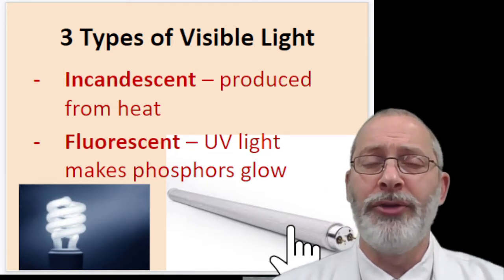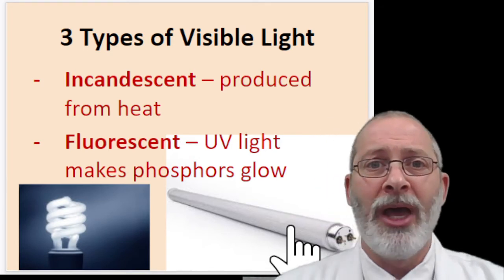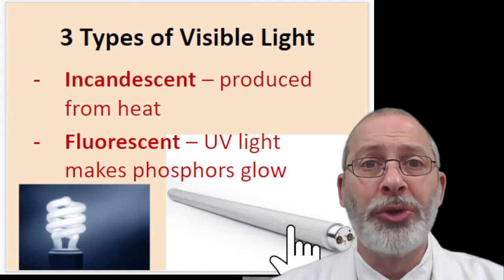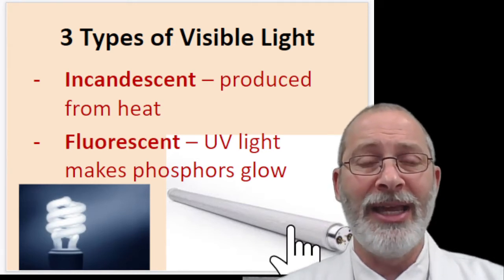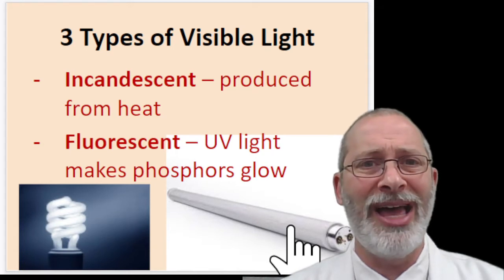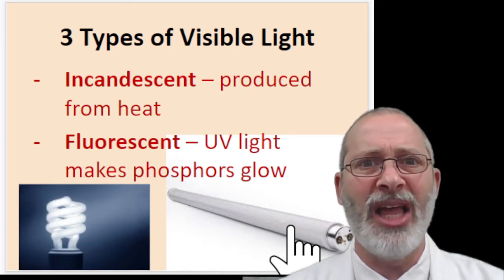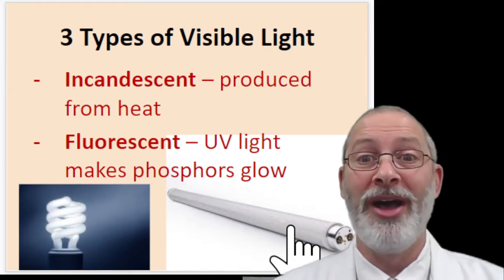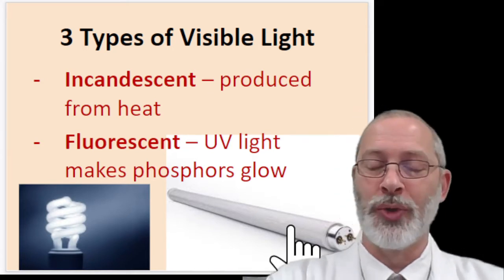Now, if you remember from yesterday, unless you're an insect, our eyes can't see ultraviolet light. And so some of you might be thinking, well, if they emit ultraviolet light, then how do they make light that we can see? Here comes the second part of a fluorescent light source.